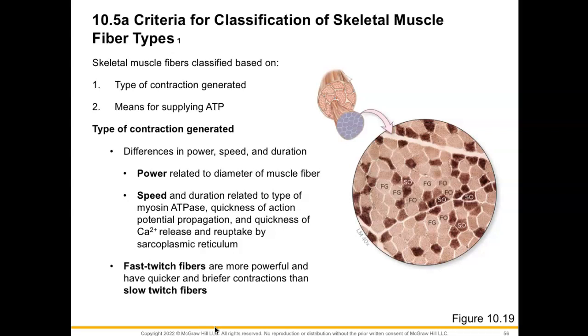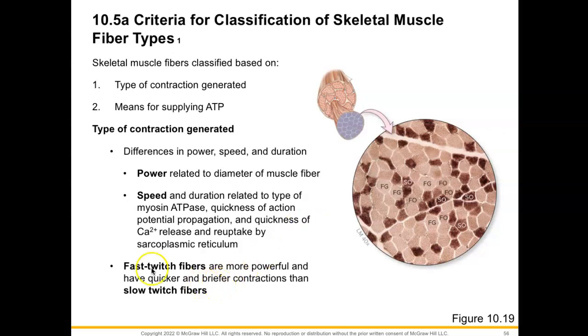So what we mean by power is related to the diameter of the actual muscle fiber, and the speed and duration is going to be related to the type of myosin ATPase that it has, the quickness of action potential propagation, and quickness of calcium release and reuptake by that sarcoplasmic reticulum.